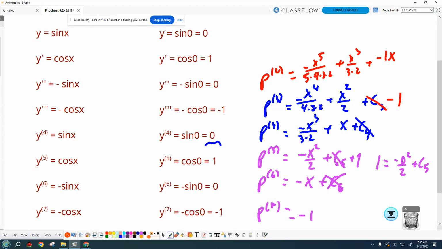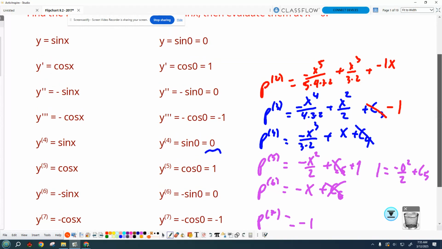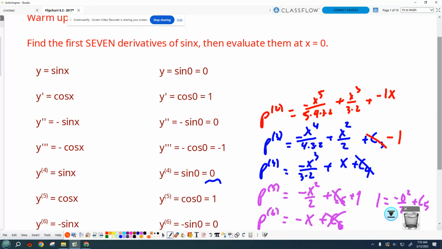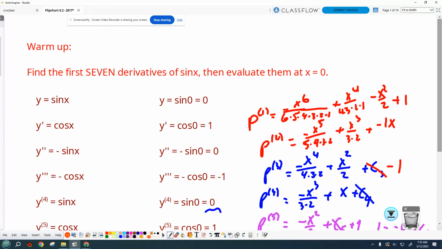See, sort of a pattern. And the first derivative of my polynomial, 4, 3, 2, 1, and plus c.